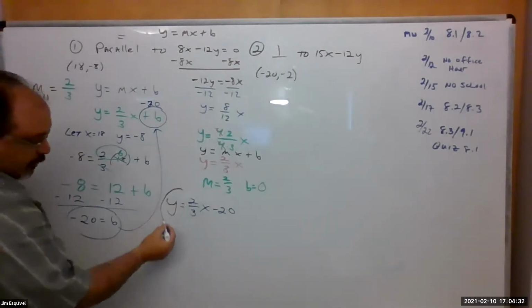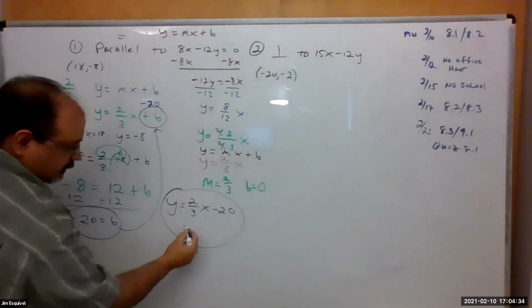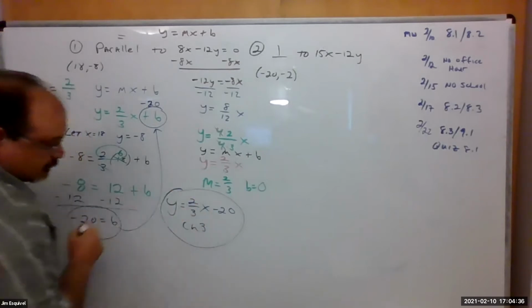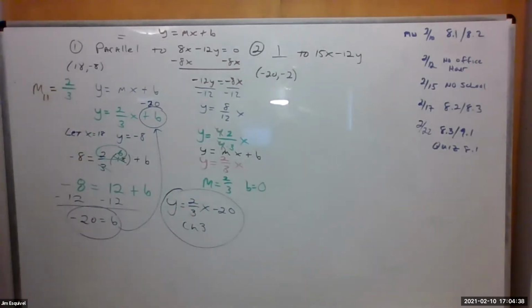Now this is where we stop in chapter 3. That's what you would have done on the chapter 3 test. In chapter 8, we want the final answer to be written using function notation.